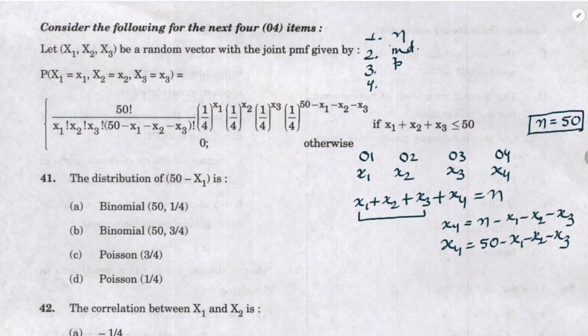So instead of writing x4, the PMF is given here like this, 50 minus x1 minus x2 minus x3. On the place of x4 we have this expression. So actually the random vector has 4 variables, x1, x2, x3 and x4, but the fourth variable is written in terms of the rest of the 3 variables.